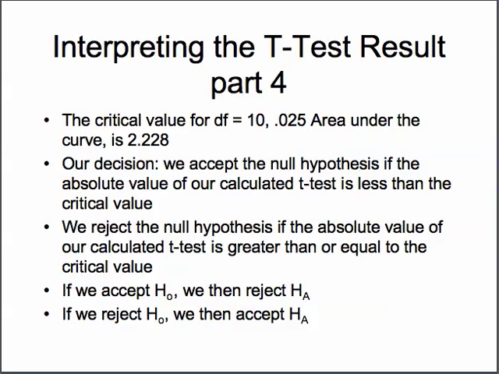We can now make the right decision about accepting or rejecting the null hypothesis. We accept the null hypothesis and reject the alternative hypothesis if the absolute value of our calculated t-test is less than the critical value. We reject the null hypothesis and accept the alternative hypothesis if the absolute value of our calculated t-test is greater than or equal to the critical value.